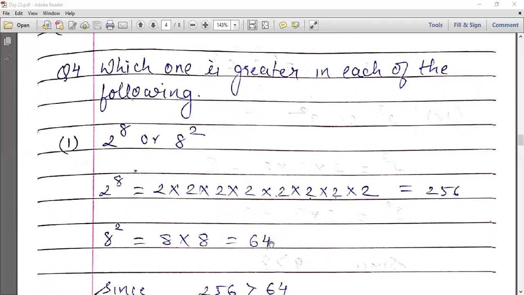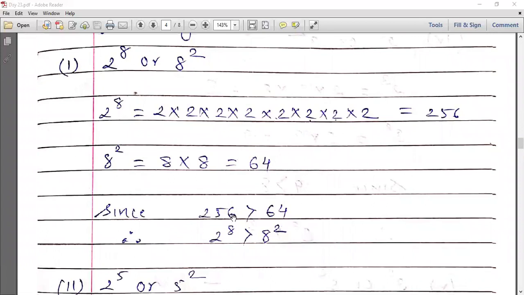Comparing these two numbers, you can see 256 is greater than 64. So 256 was the value of 2 raised to 8, the sign as it is, and 64 was the value of 8 raised to 2. Hence, 2 raised to 8 is greater than 8 raised to 2.